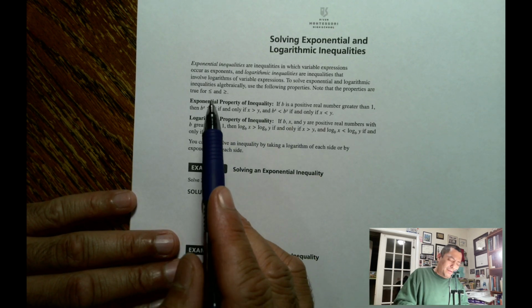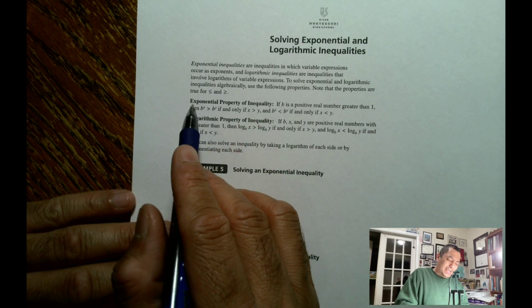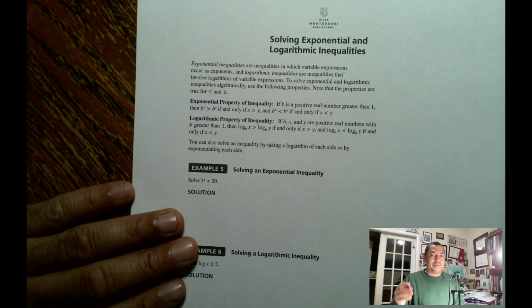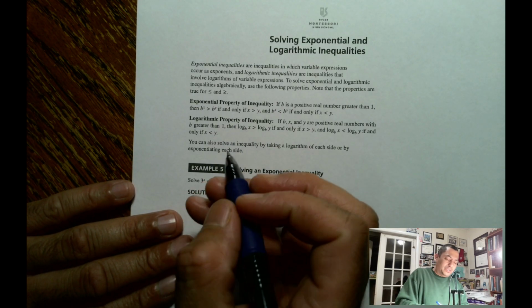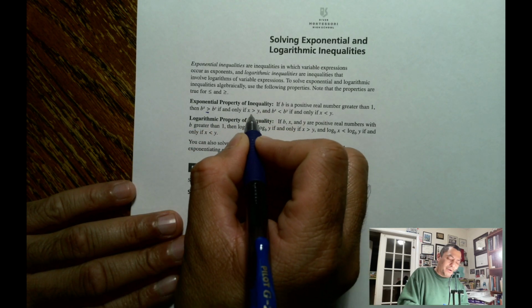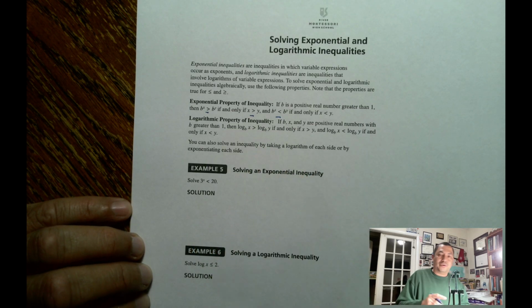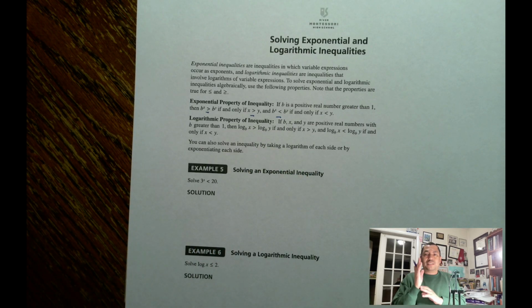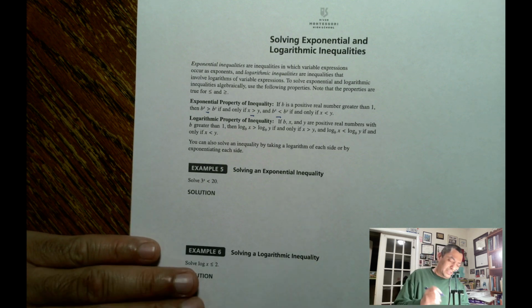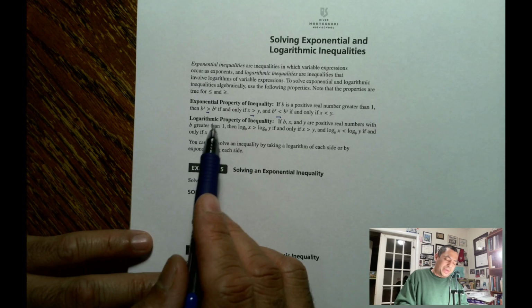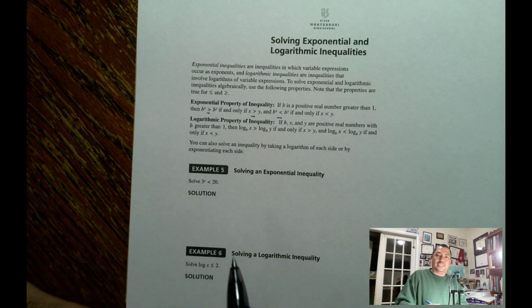So number one, an exponential property of inequality is pretty much the same as the equations, but we need to be careful with the inequality symbol, because remember that in the logs we cannot have negative numbers, so we need to be careful with those ones. That's exponential and this is logarithmic, and we're going to solve the first example.